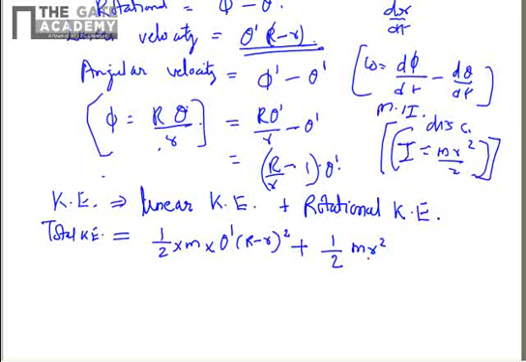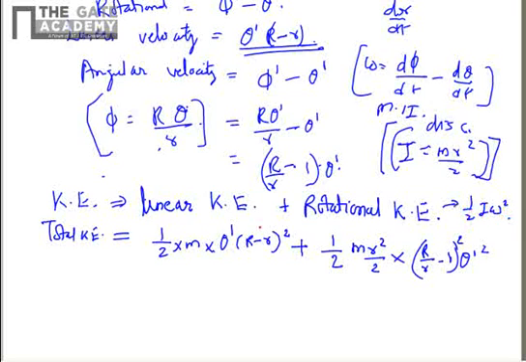So this is for the small cylinder, the rotational kinetic energy. This is equal to half into m r square by 2, and the angular velocity is (R by small r minus 1) theta dash. So we'll have a whole square of that. So half I omega square.